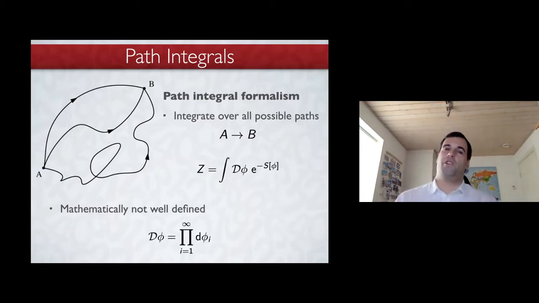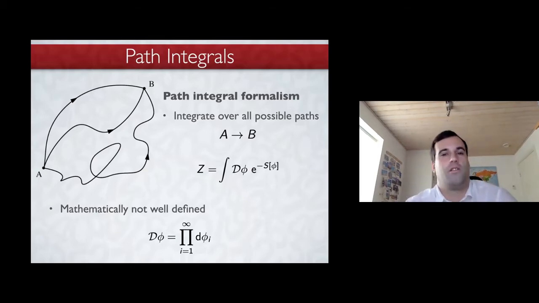But if you actually write this down and try to solve this, it is mathematically not well defined, because we have to take infinitely many integrals. We don't know anything about their convergence or even if they exist. So this is mathematically not well defined and a nightmare. We have to do something simpler.